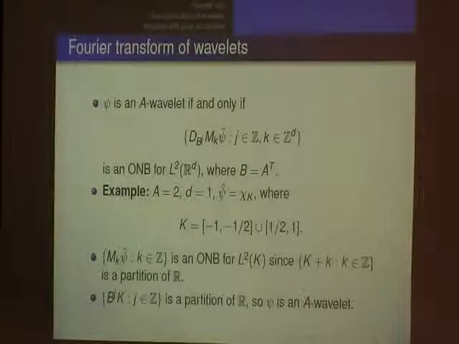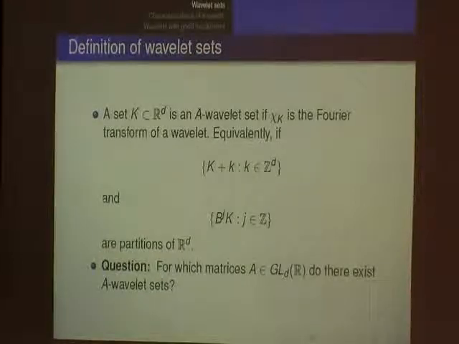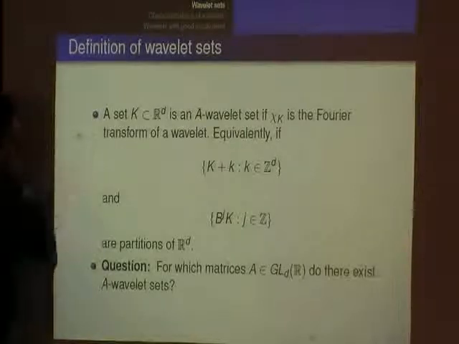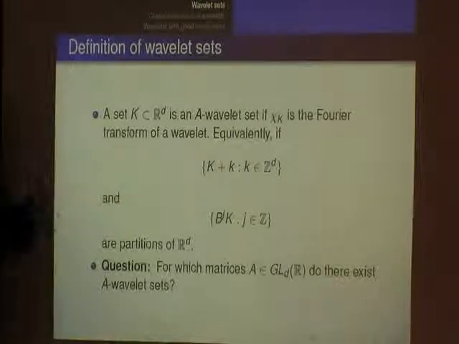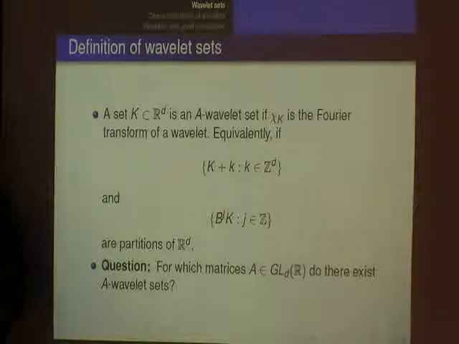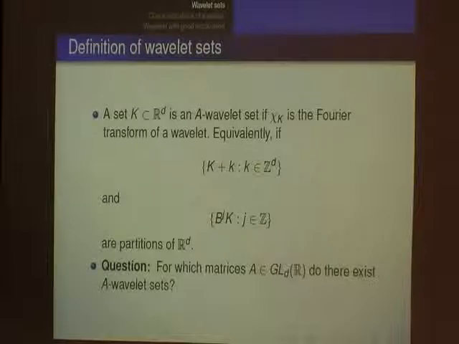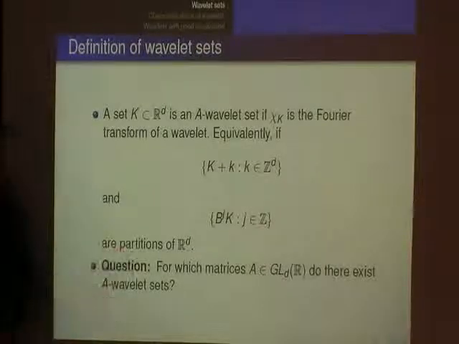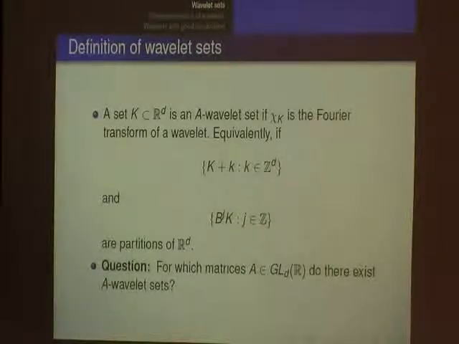If I have any measurable set, which will be of finite measure, whose translates partition R^d and whose dilates partition R^d, then I get the Fourier transform of an orthonormal wavelet.